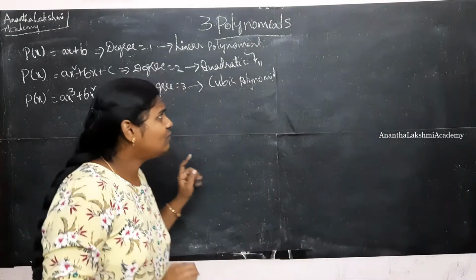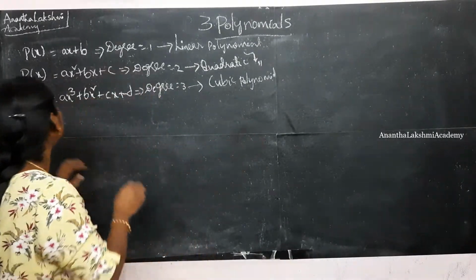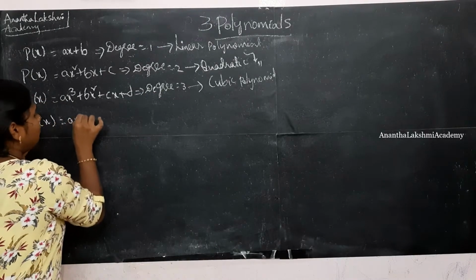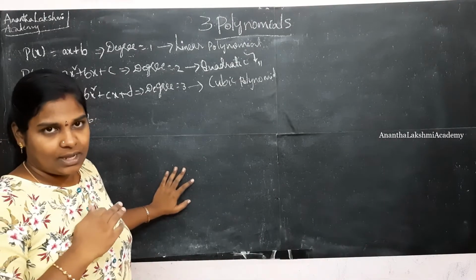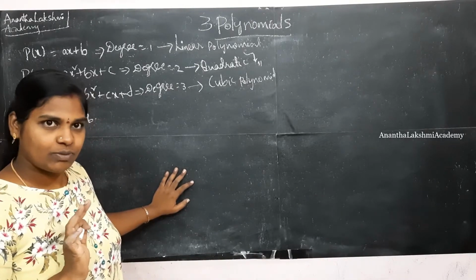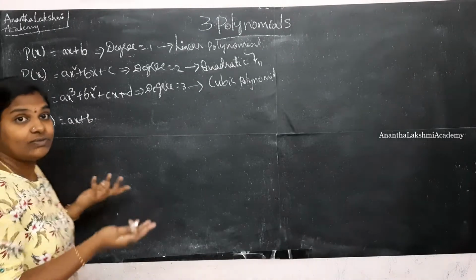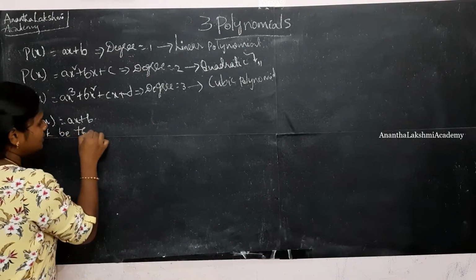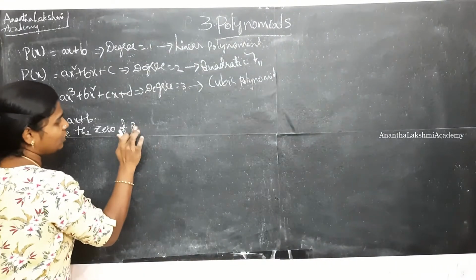Alright. So when we were discussing the zeros of a polynomial in the earlier video, what did we say? Well, let us consider p of x is equal to ax plus b, a linear polynomial. For some value of x, the expression becomes 0. That is known as a zero of a polynomial. That's what we have understood, right? I'm trying to figure out the value of a zero, okay? Let k be the zero of the polynomial p of x.